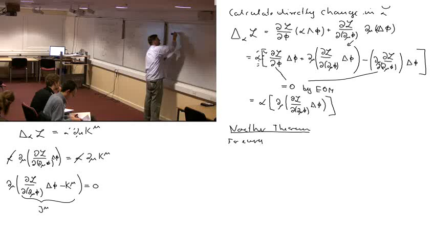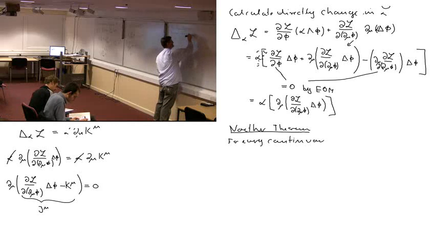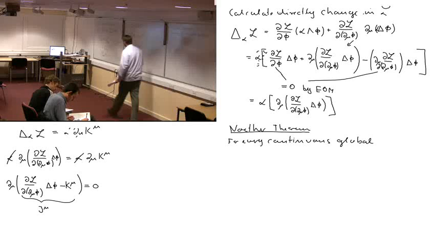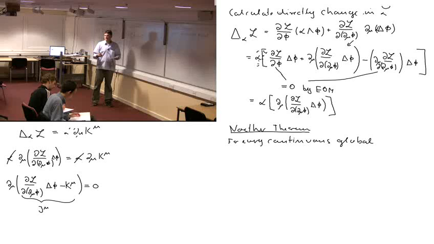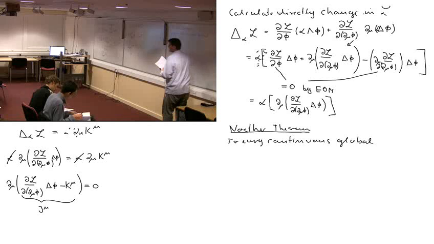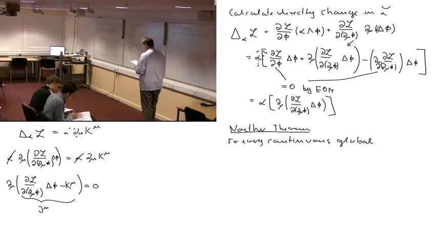For every continuous global symmetry, and I should explain the word global: global means that this alpha, this parameter, does not depend on space. So we do the same transformation to the fields everywhere in space.